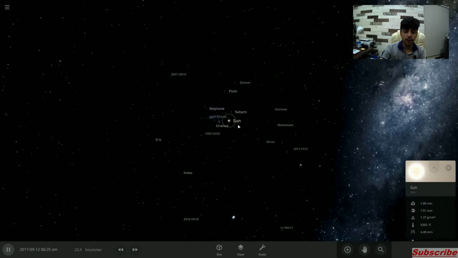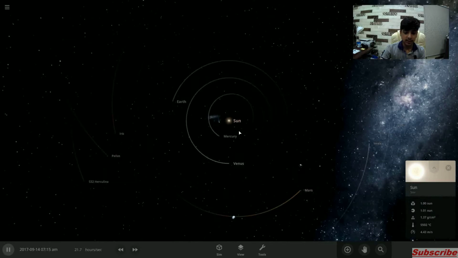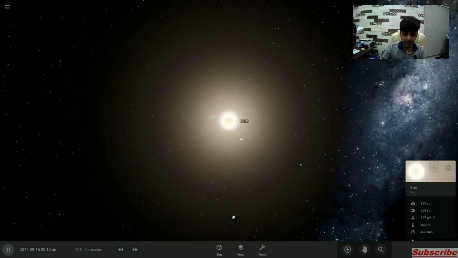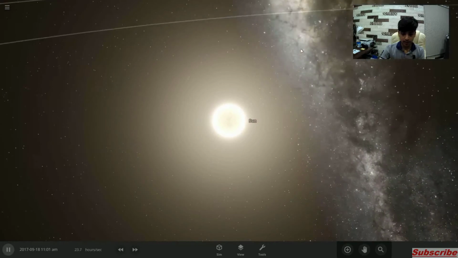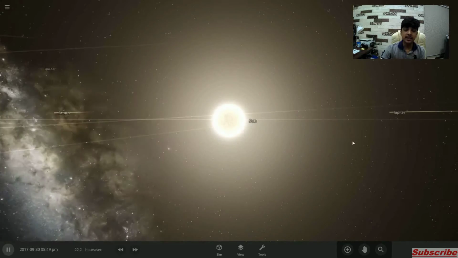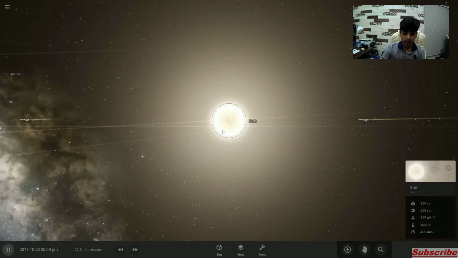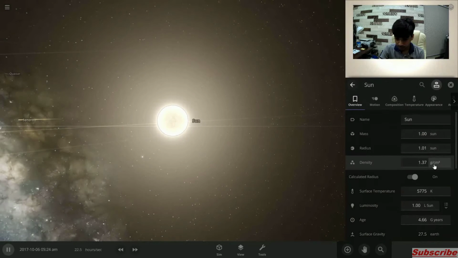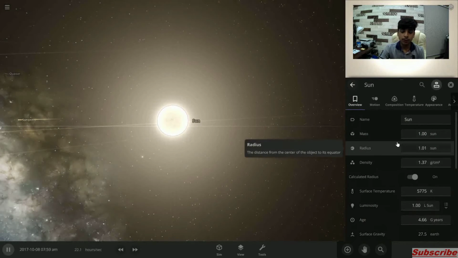Reactor in the center of our solar system, the Sun. Now the Sun is pretty unique because first of all it's a star, and second of all it's, as I said, a ginormous nuclear reactor in the center of our solar system. Now the Sun is classified as a yellow dwarf and has the mass of one Sun.